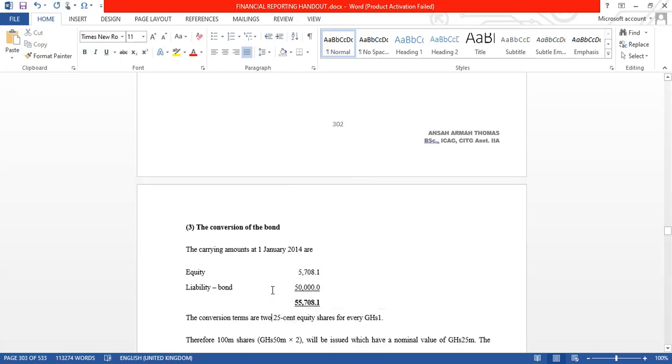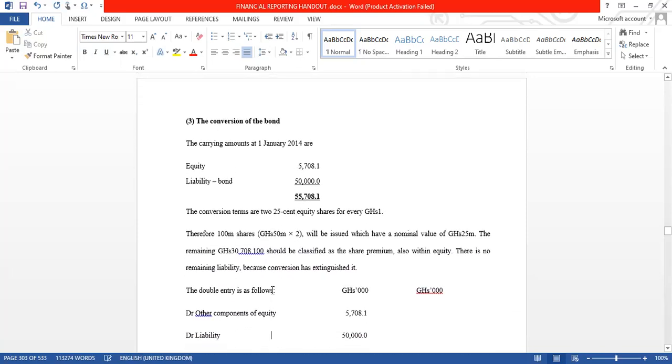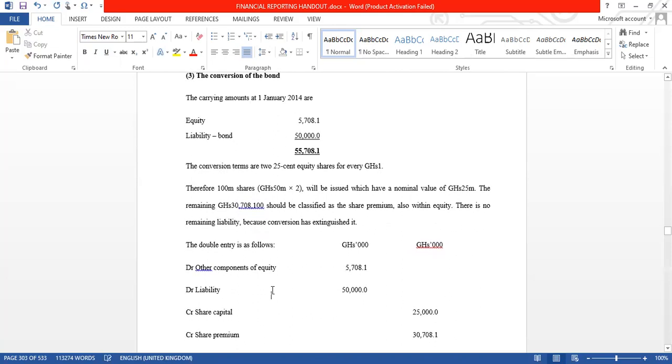Therefore, if the bond is to be converted, then it means that you have 10 million shares because you are converting. What you are going to do is go through with your 15 million at 2, because the terms are 2.25 and 25 cents.